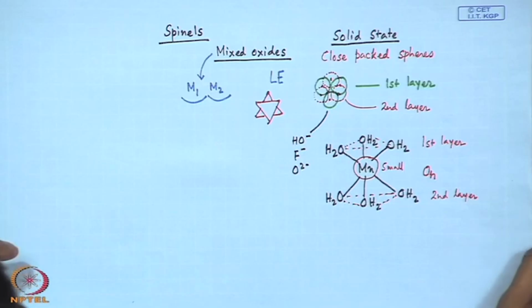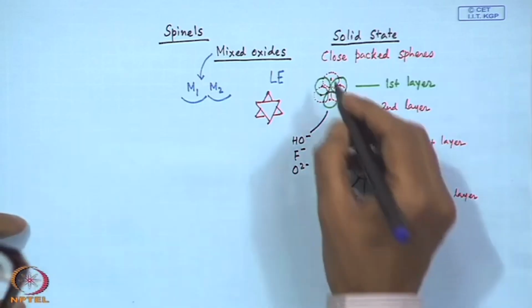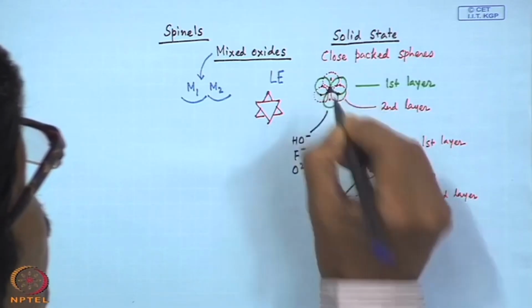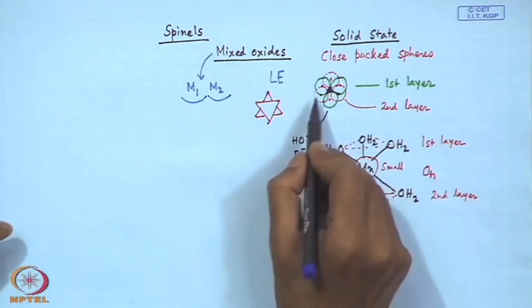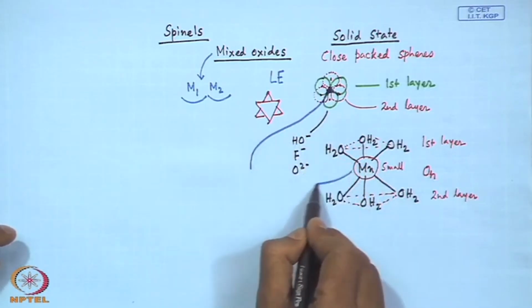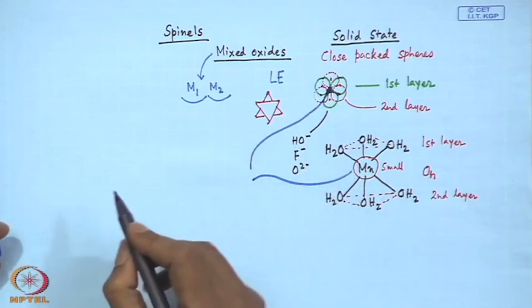But at the end, what is happening is that we are generating this small space. This small space is nothing but the corresponding equivalent position of this manganese.